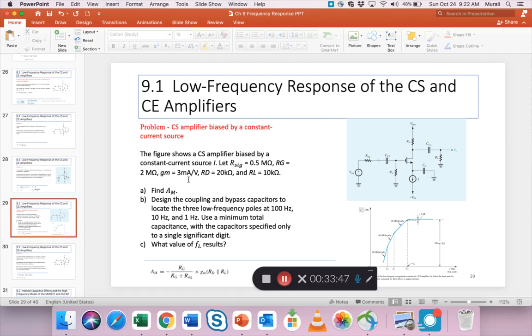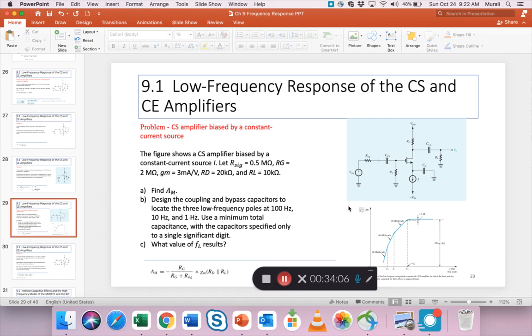And gm is given. Again, three parts: find AM, the mid-band gain, design the coupling and bypass capacitors to locate the three low frequency poles at 100 Hz, 10 Hz and 1 Hz.